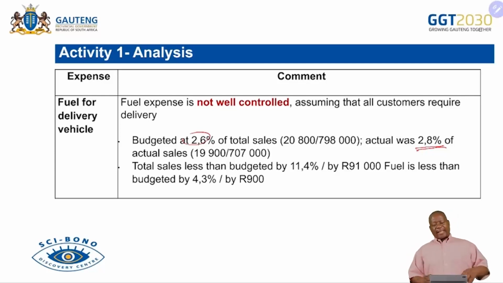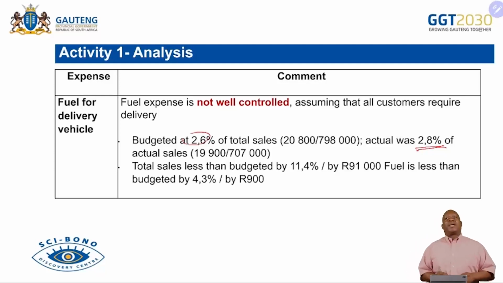If you check, we can also mention that the total sales decreased by about 11.4%, sorry. That is the decrease. But when it comes to fuel, it only decreased by 4.3%. So these things are related, and because they are related, they should be going down or going up in the same proportion.